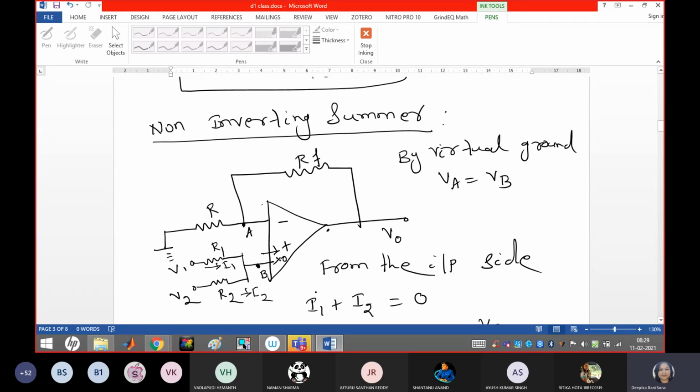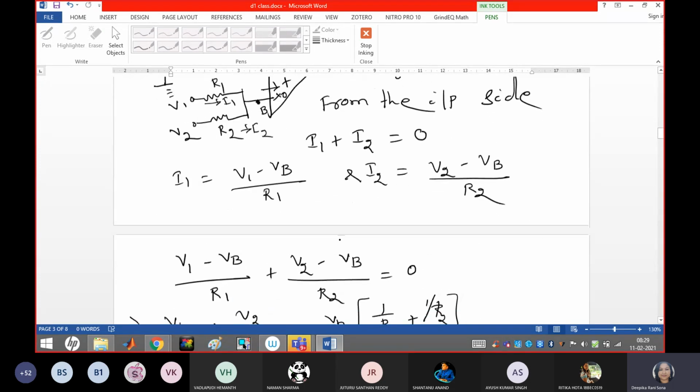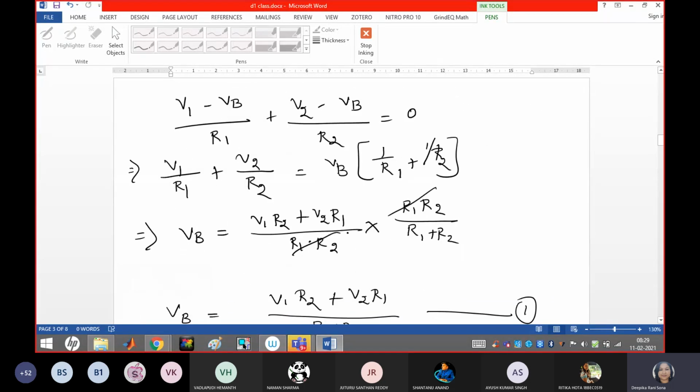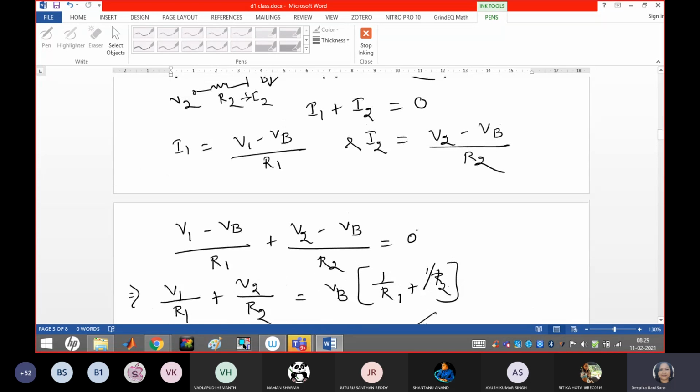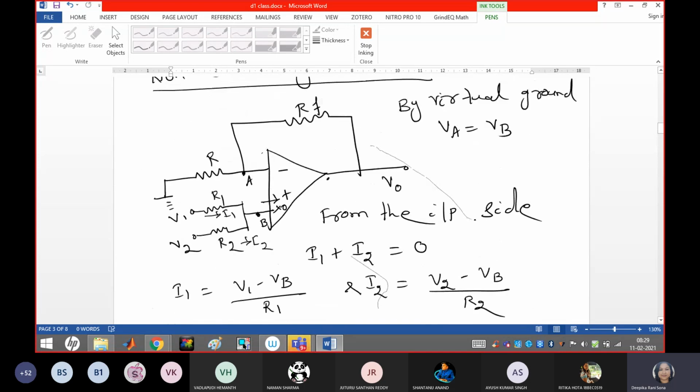Now we have to solve node A. So what is the current at node A, guys? The direction of flow of current will be from V0 to the VA side, because this one is grounded, right? So the same current I will flow from VA to the ground side. Okay, we will solve like this.